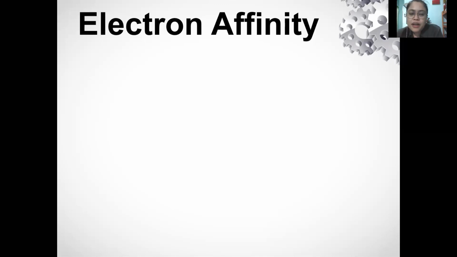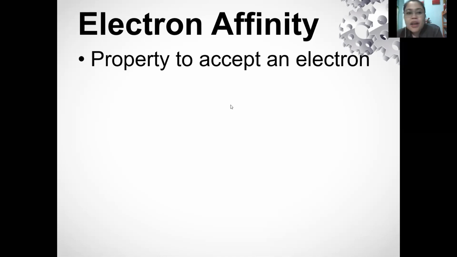Okay, the fourth one we have is electron affinity. Ano naman yung pinagkaiba nito from the other two? It is the property of an atom to accept an electron. So baka malito kayo. When you say electronegativity, ang tandaan nyo ay attract.